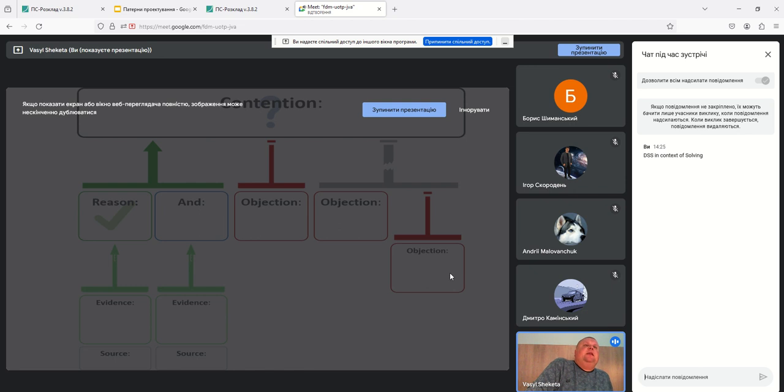Finally, based on this lecture, we will form a practical task for lab number 2.